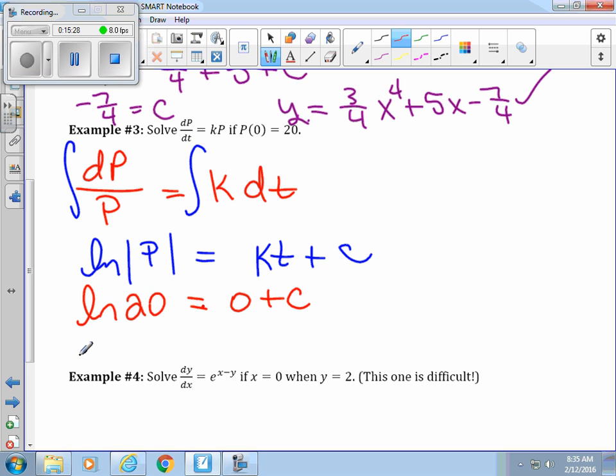Yes. The p of 0 equals 20. How do you know which one's p and which one's k? The dy is always on the top, right? dy dx or dy dt. So P is the y value, right? P of 0, this is like function notation, f of 0, which is the y value when time is 0 or when x is 0.